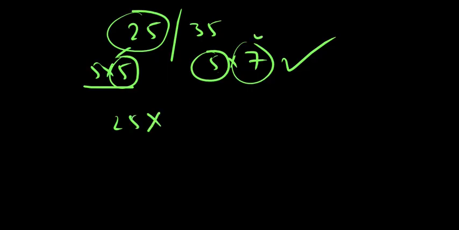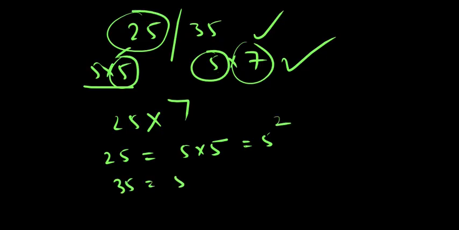So for this, what you have to do? 25 means 5 into 5, right? That is 5 squared. 35 is 5 into 7. Here LCM is nothing but this 5 square into this 7.